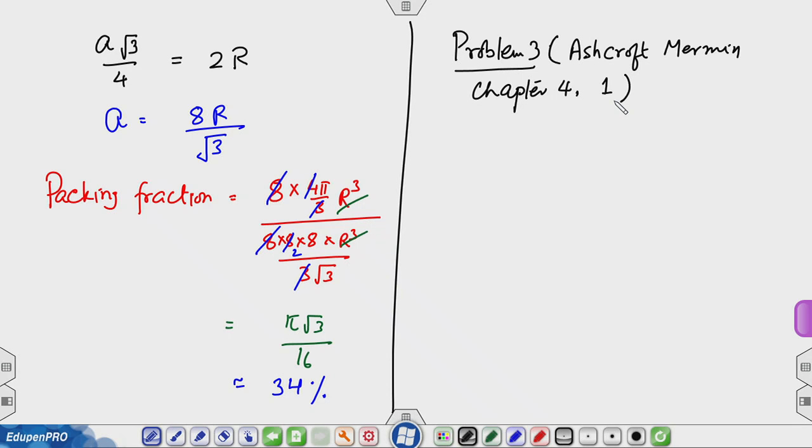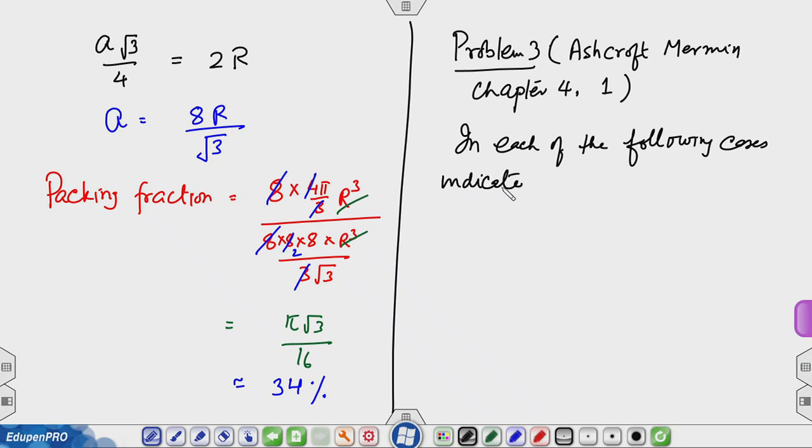So, the problem says, in each of the following cases, indicate whether the structure is a Bravais lattice.